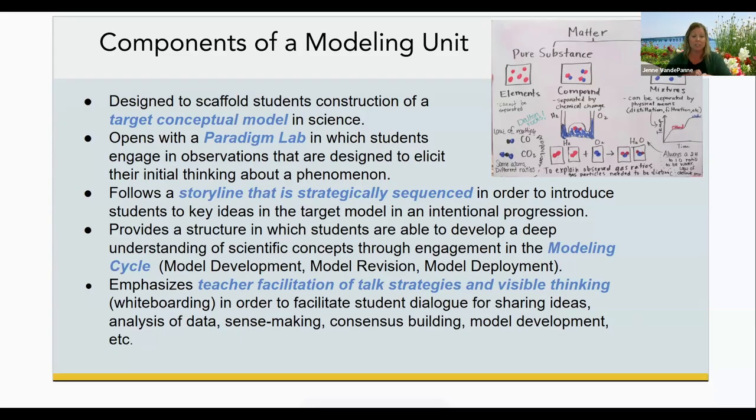Part of this is teacher-facilitated talk strategies and making their thinking visible, like on this whiteboard here, and how that strategically drove the conversation.